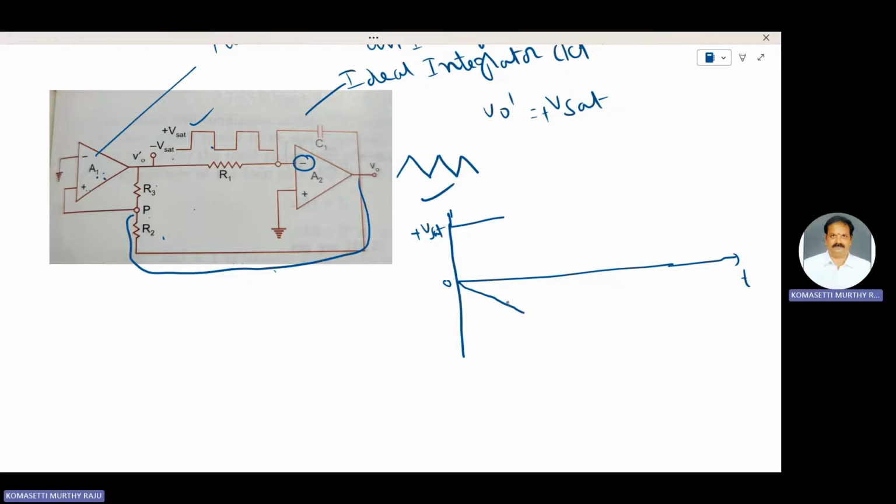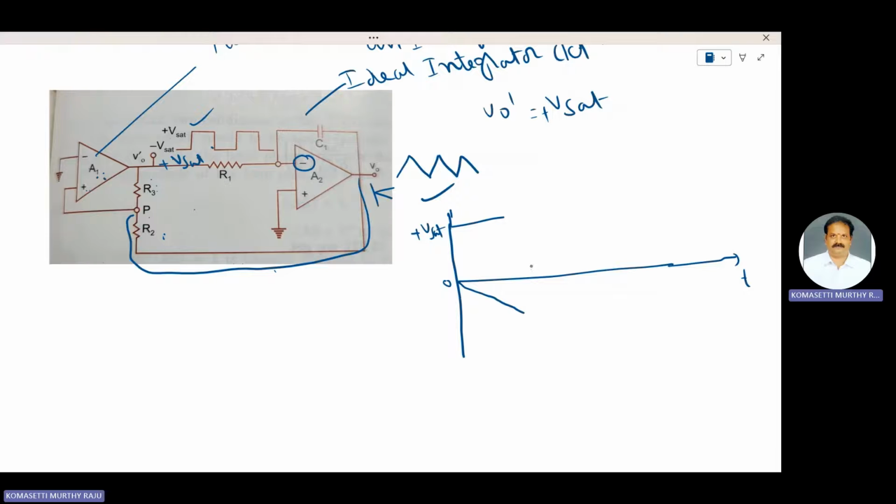One end of the voltage divider, R2, R3, is at a voltage of plus V sat, and the other end is at the negative going ramp of A2.